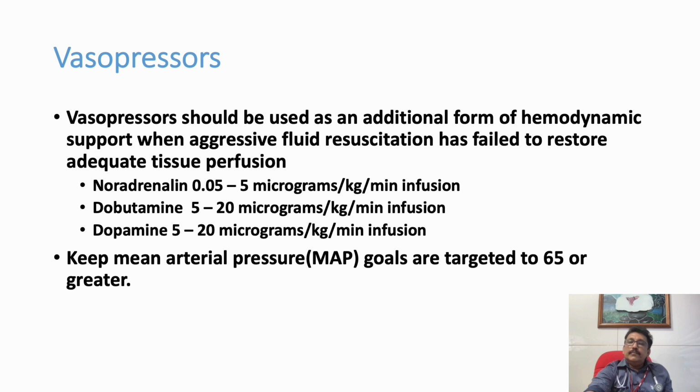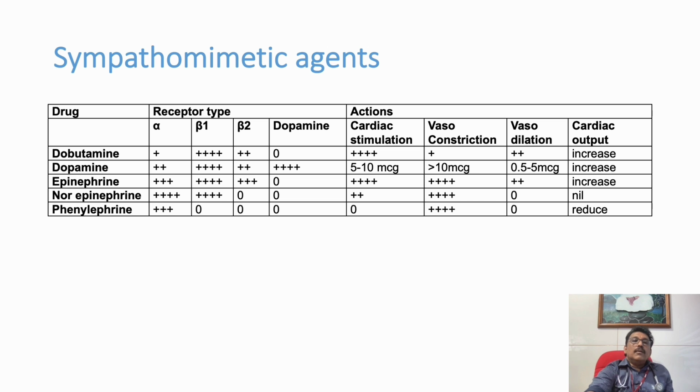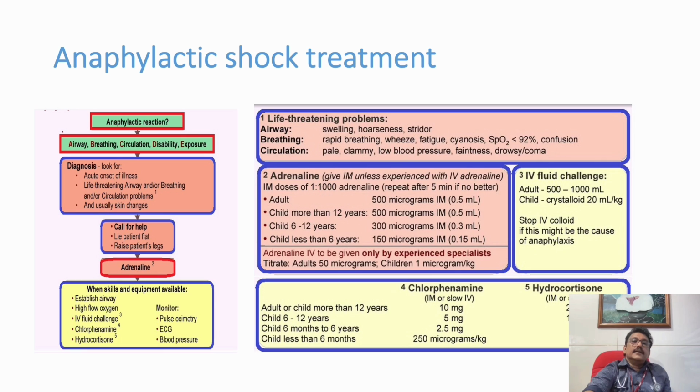That is very, very important when we are starting vasopressors. So these are the commonly used vasopressors in the emergency room. You can use noradrenaline, that is the most important vasopressor, then dopamine or dobutamine or vasopressin. So depending on the clinical scenario, you have to select.